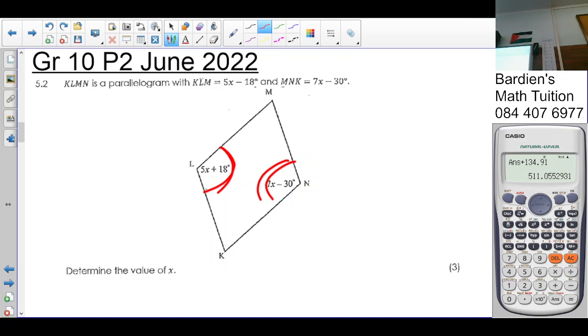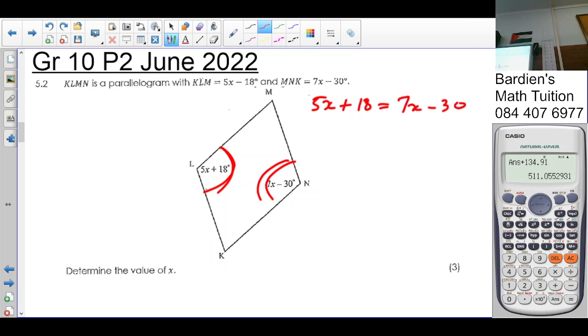Right, so we are told to determine the value of x. So what do we say? 5x plus 18 is equal to 7x minus 30.